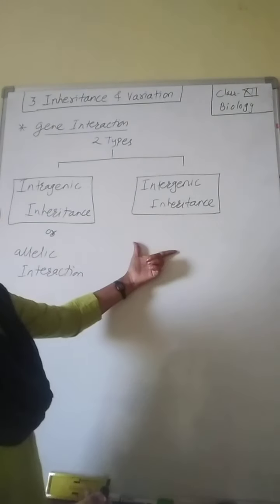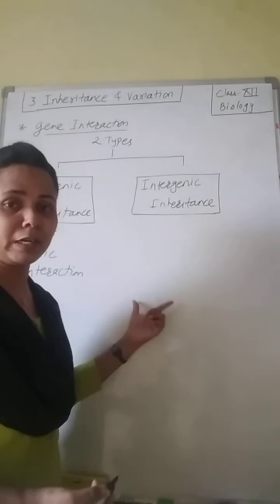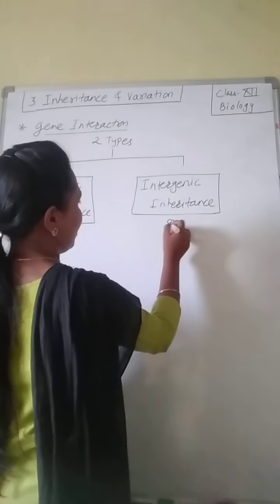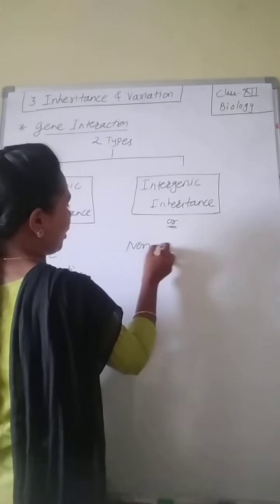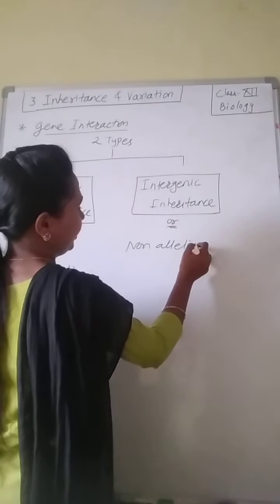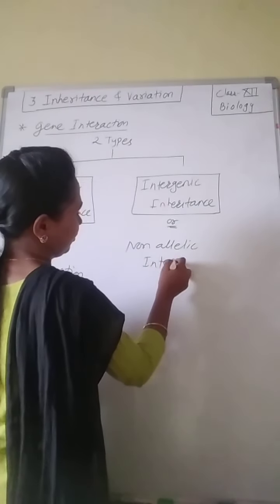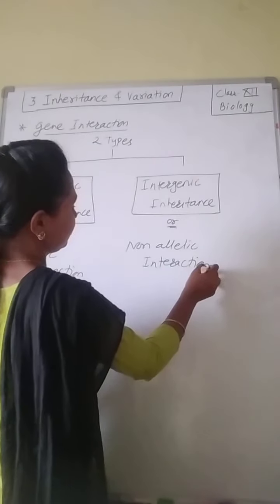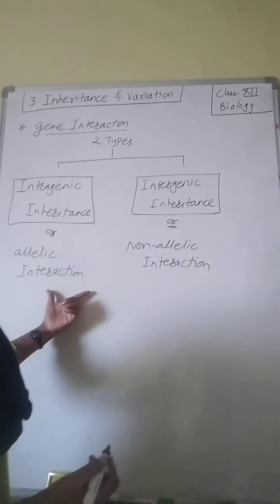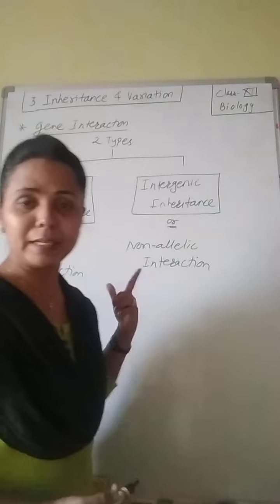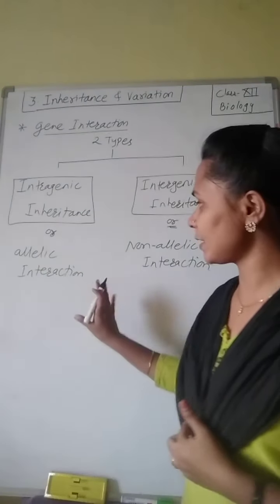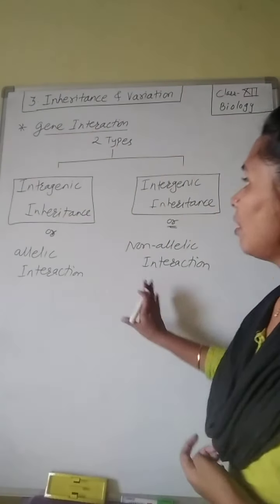And intergenic inheritance is also called non-allelic interaction. From the words allelic and non-allelic, we can easily determine what actually happens in these two types.